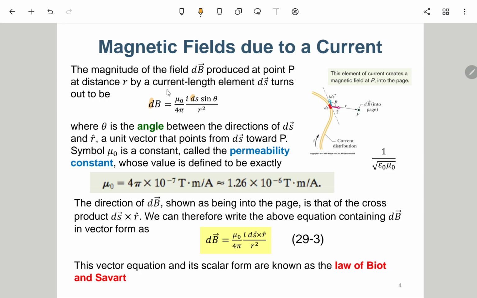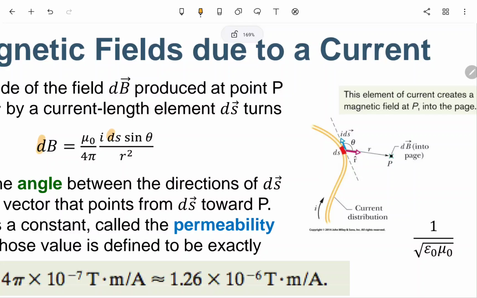My view is that this is a sibling of Coulomb's force. Coulomb's force is F equals 1 over 4 pi epsilon naught times Q1 Q2 over r squared. You can see we have 4 pi here, we have mu naught, we have epsilon naught, we have r squared.